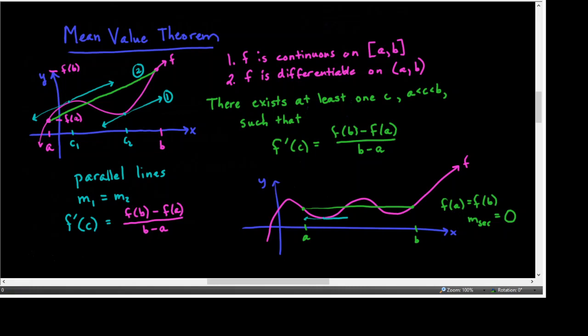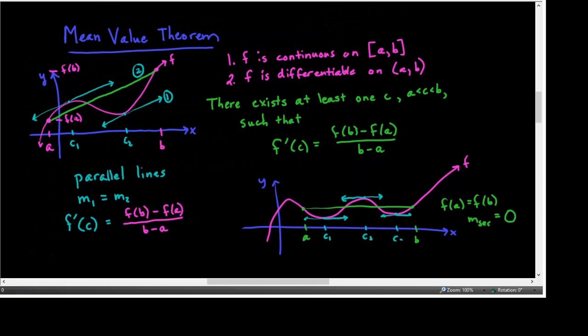f prime of c is 0. Well, isn't that, again, parallel? So Rolle's theorem is actually a special case of the mean value theorem. It just so happens that the secant line, because f of a equals f of b, is a horizontal line, slope 0. That means we're looking for parallel places to that, as far as tangent lines go, where there's a slope of 0.